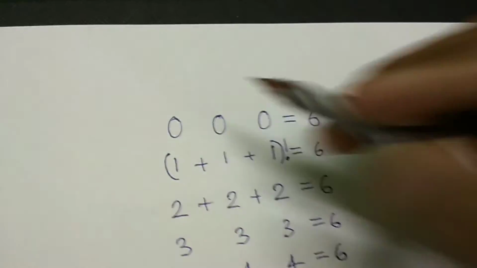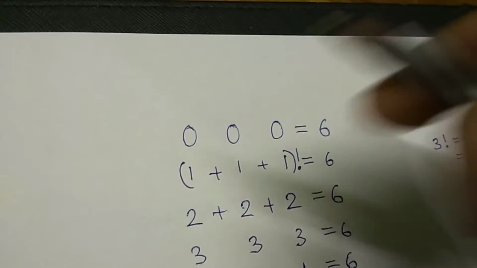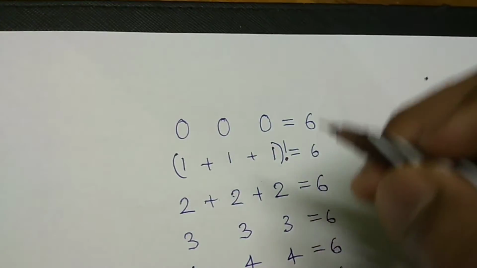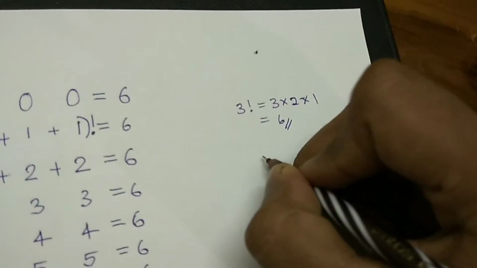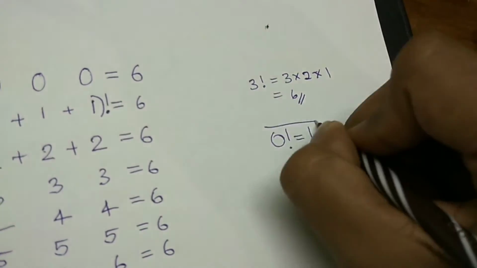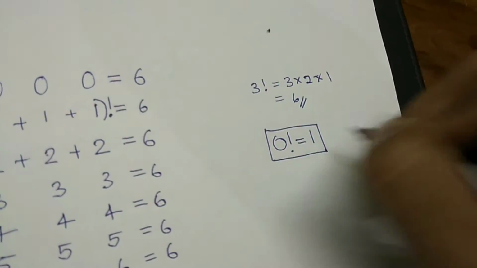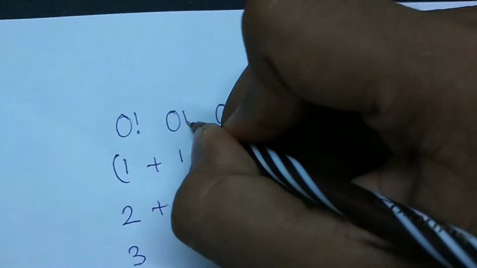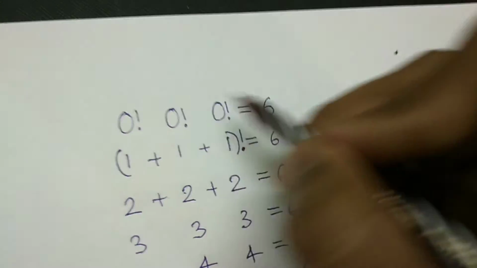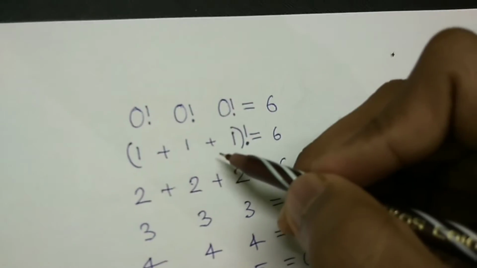So next one that we will try is 0. If you know a basic fact about factorials, then you will know that 0 factorial is actually equal to 1. So if you use that principle here and make all the zeros 0 factorial, then it will become 1 1 1, and that is the same as this one.